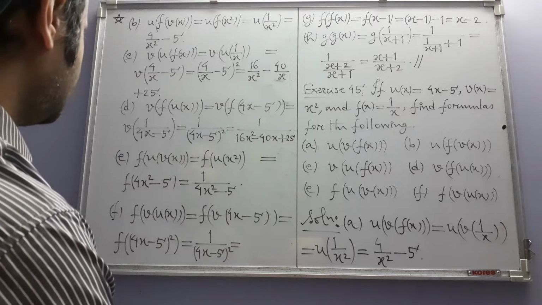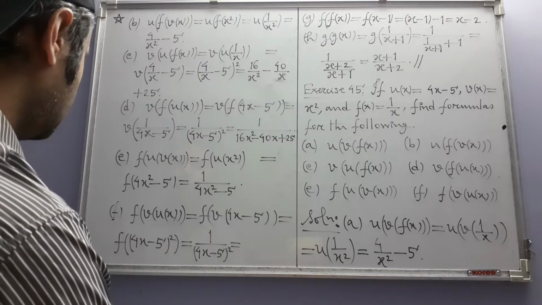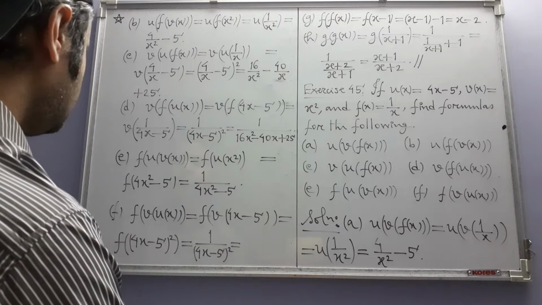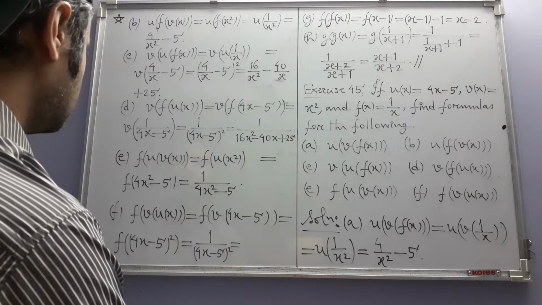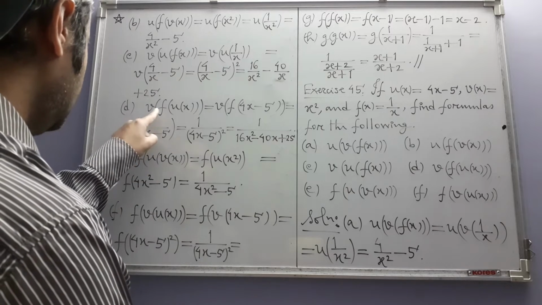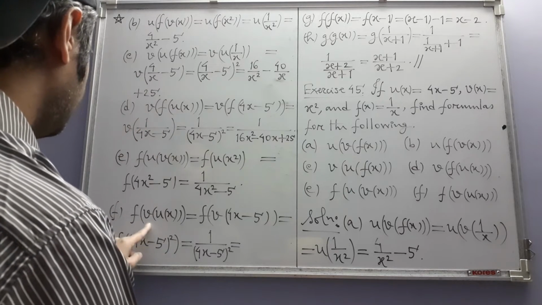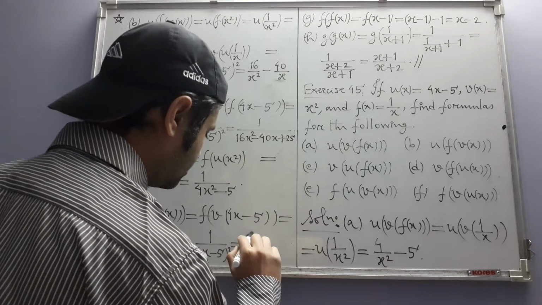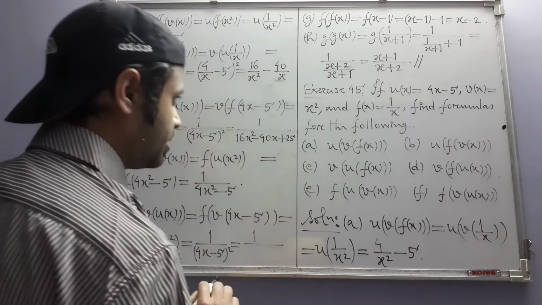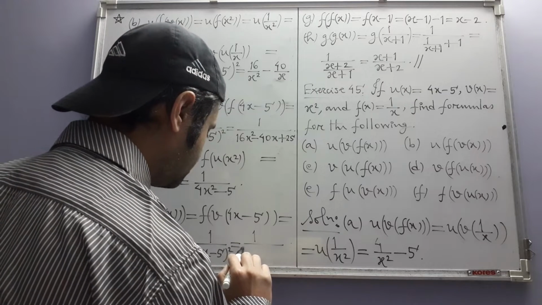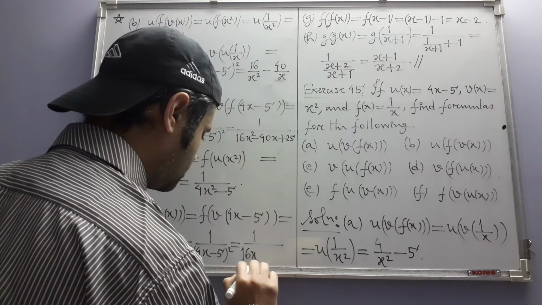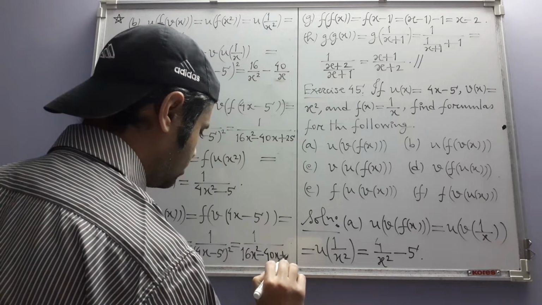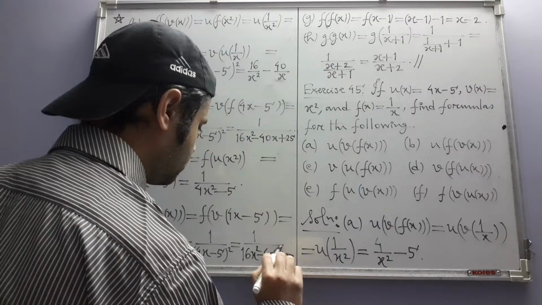Okay, let me just see for once whether what I have done is correct or not. v f u, f v u, but still we are getting the same thing, and there is actually a reason for that. 16x square minus 40x plus 25.